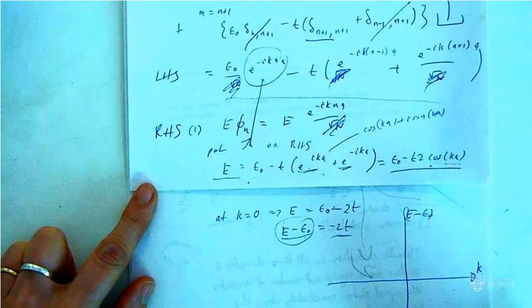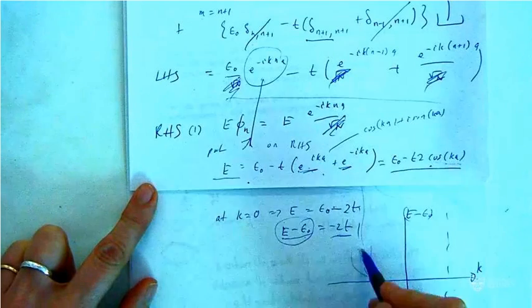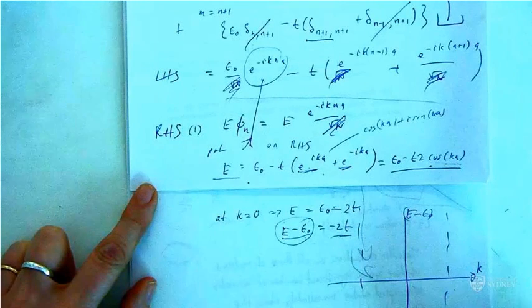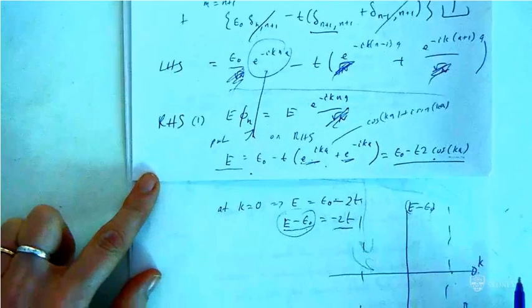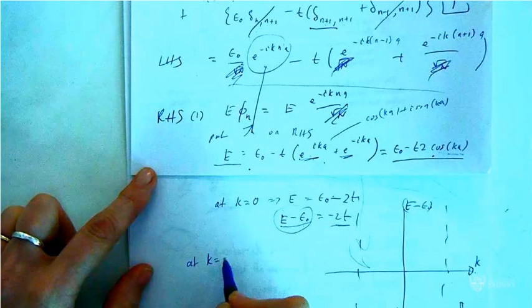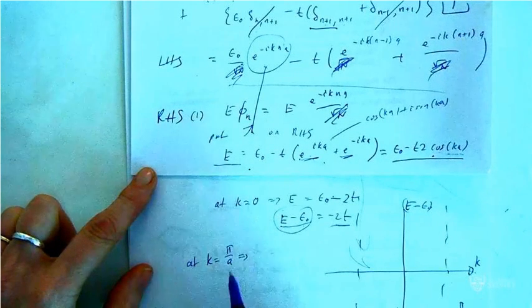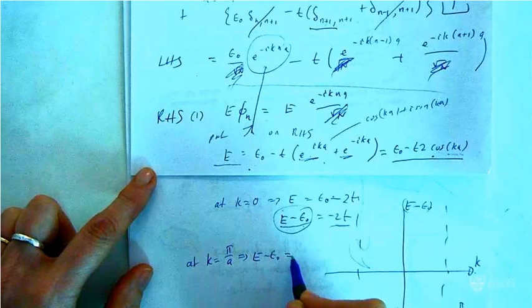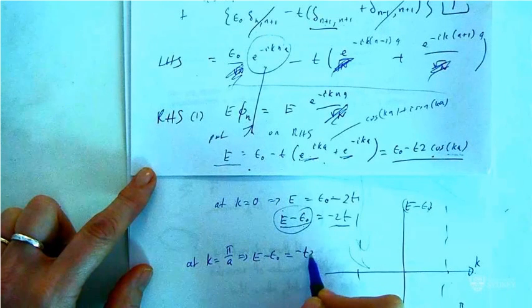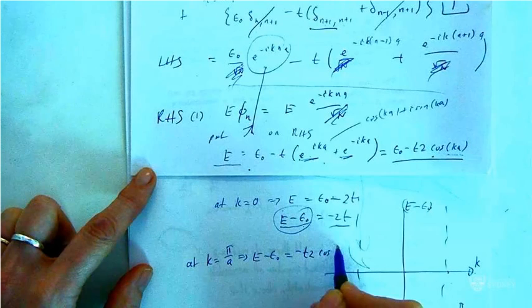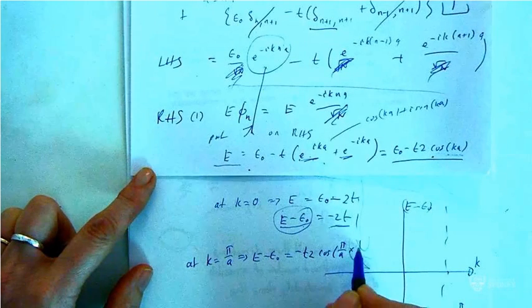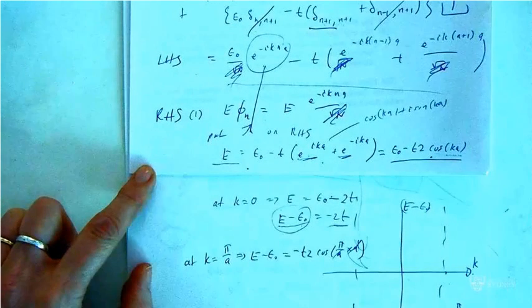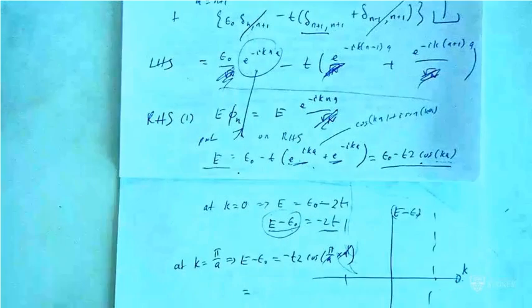Then we can consider another point at k equals pi on a, at the Brillouin zone boundary. At k equals pi over a, we get E minus E0 equals minus 2t cos of pi on a times a. These obviously cancel out, and cos of pi gets you minus 1.